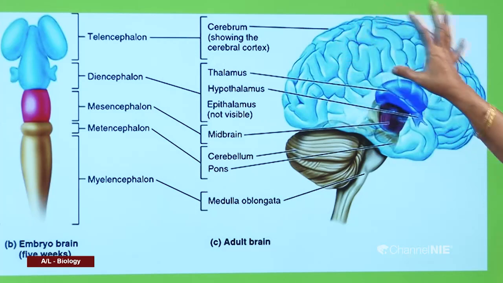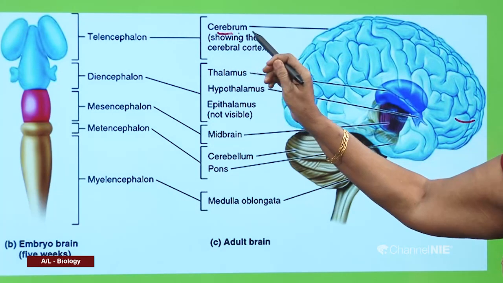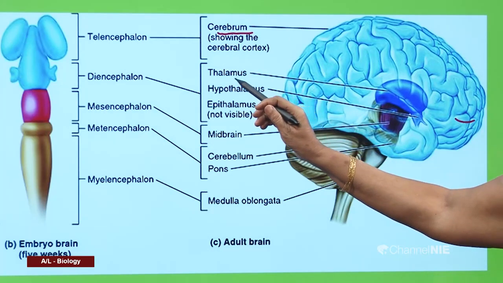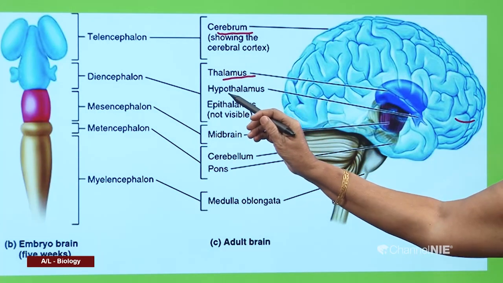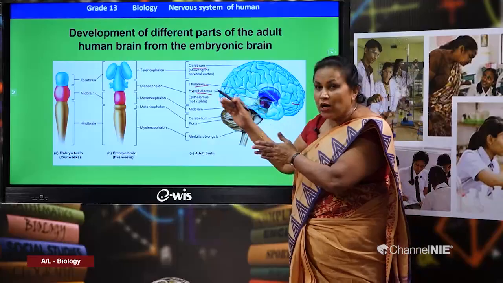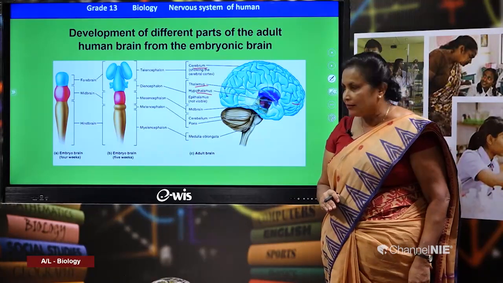First, the largest region you can see here is the cerebrum. Next one is the thalamus, right? Then you can see the hypothalamus. Those are the three major regions produced from the most anterior region of the forebrain, right?